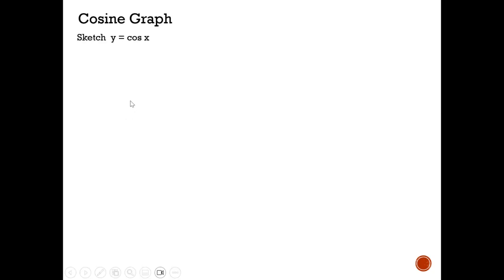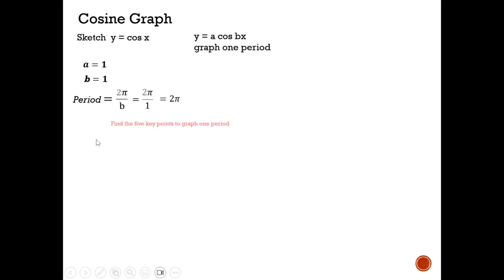Okay, now let's graph the parent function of the cosine. So again, we start like we did earlier. The amplitude is 1. My b is 1. So the period is 2 pi over b, which would be 2 pi over 1, which would be 2 pi. For the 5 key points, divide the period by 4. 2 pi divided by 4 will be pi over 2.